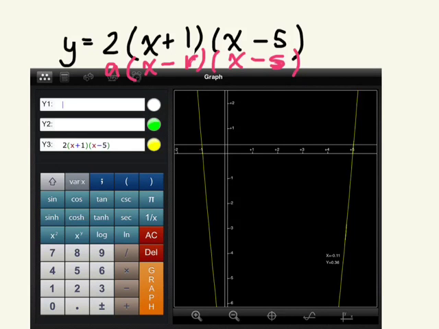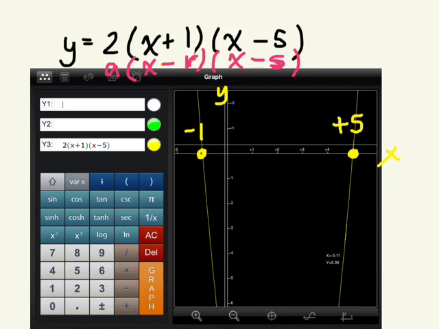Again, looking at the graph, I just kind of zoomed in so you can see the values. Where does this parabola hit the x-axis? This is my x and my y. Where does the parabola hit the x-axis? Okay, so you can see here, it intercepts the x-axis at positive 5 and at negative 1. Let's look at our R and our S values.